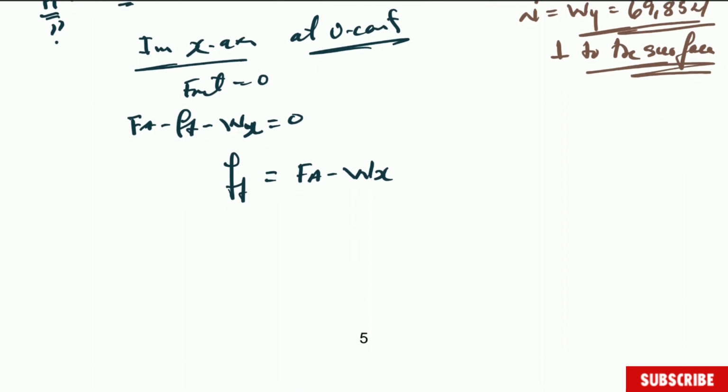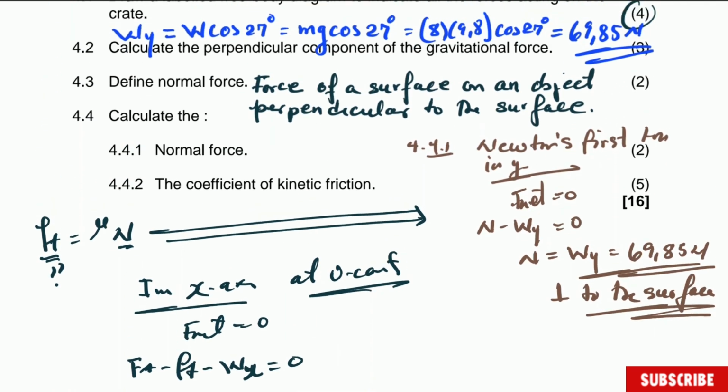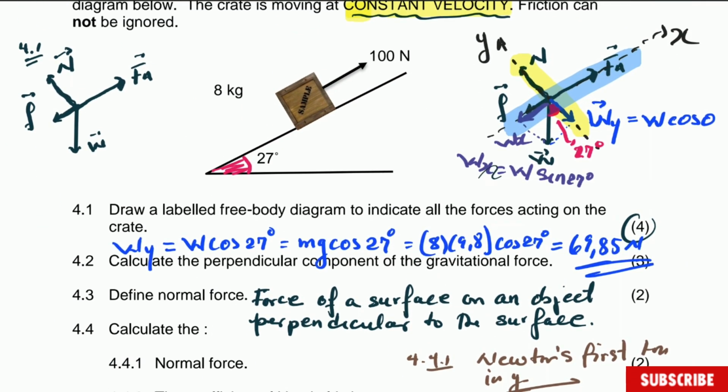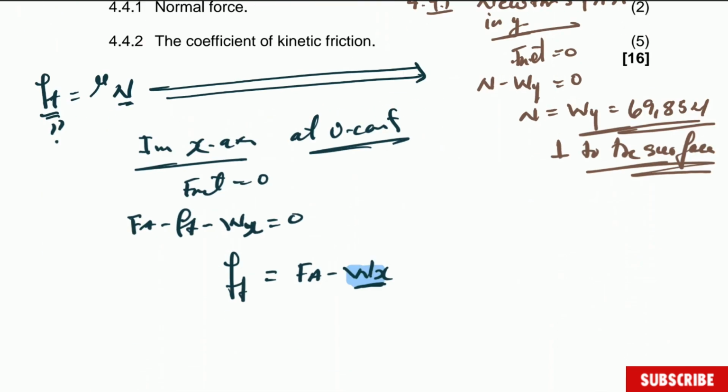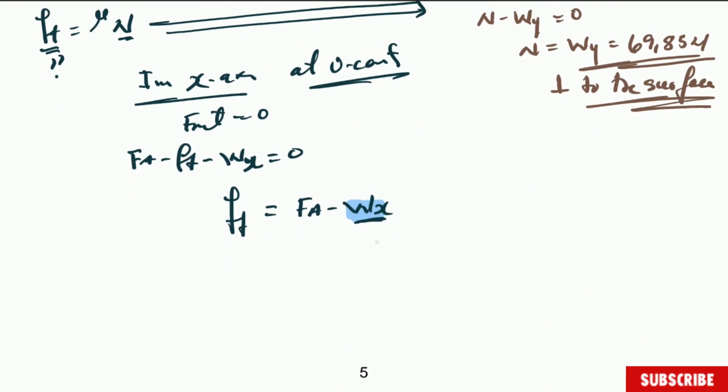So now applied force is given, but the weight in x is not given. However, we have the formula here in our free body diagram. You can see it right there in this side. So let's calculate first here, weight in x is equal to weight multiplied by sine theta, because it's the opposite side, which is 27 degrees.